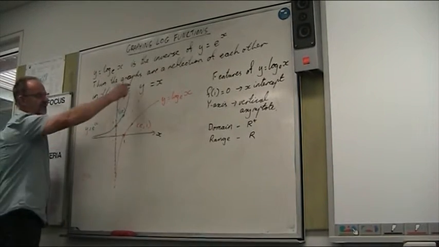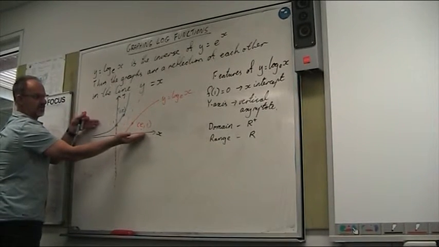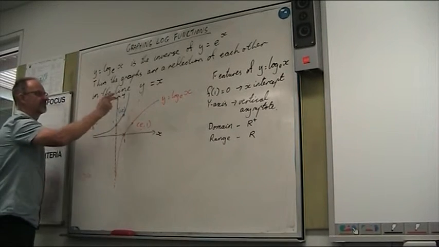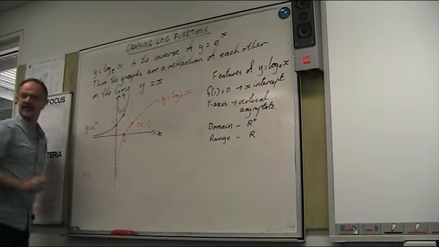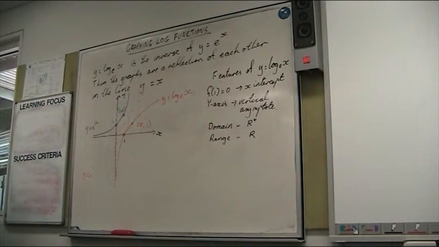So for e to the x, the asymptote was the x-axis, so when we reflect, that gets reflected to there, this end gets reflected to there, so the asymptote is the y-axis.